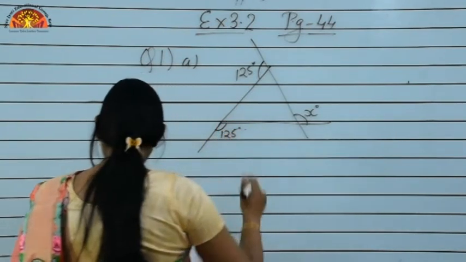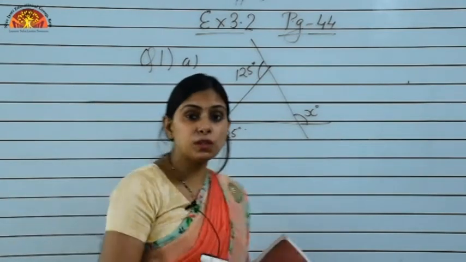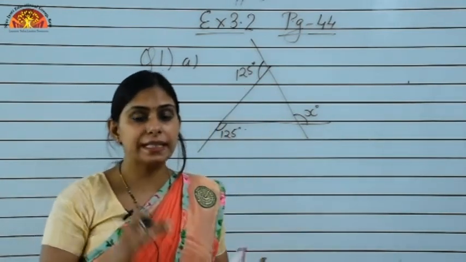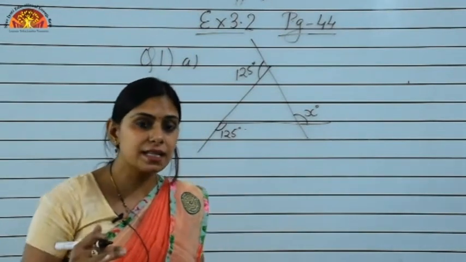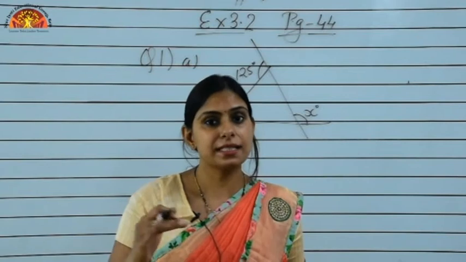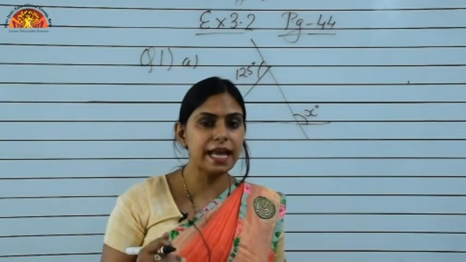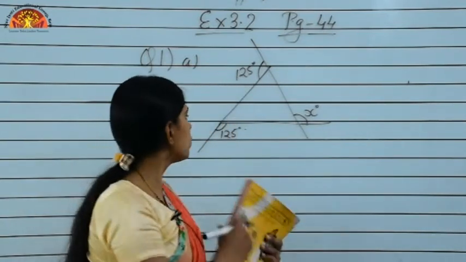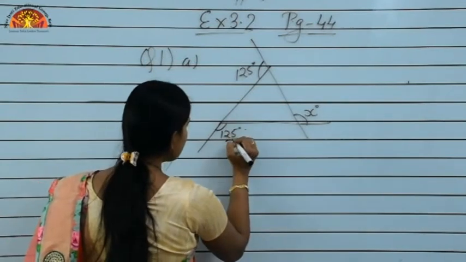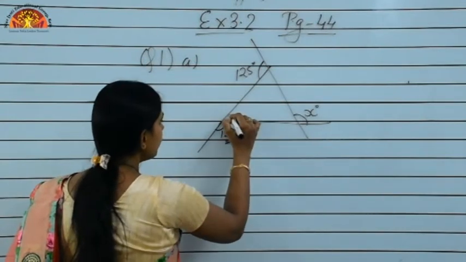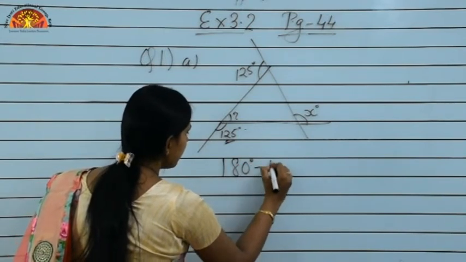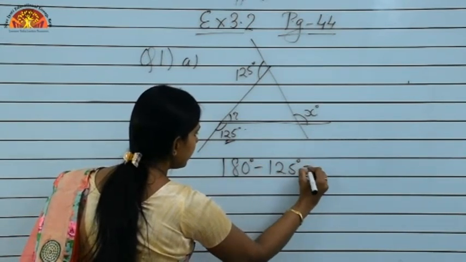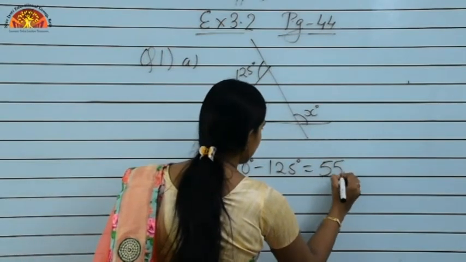Okay, now children, as you already know the concept of a linear pair. Linear pair के केस में क्या होता है, दो adjacent angles का sum कितना होता है 180 डिग्री. That is the sum of two adjacent angles is equal to 180 degree. So you can see here, if this angle is 125 degree, what will be the measure of this angle? It will be 180 degree minus 125 degree, which comes out to be 55 degree.